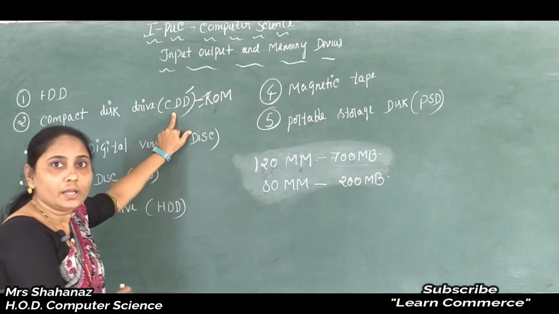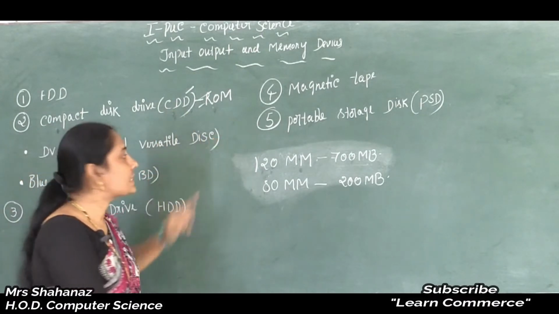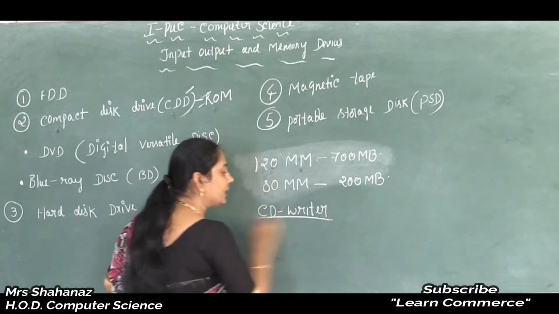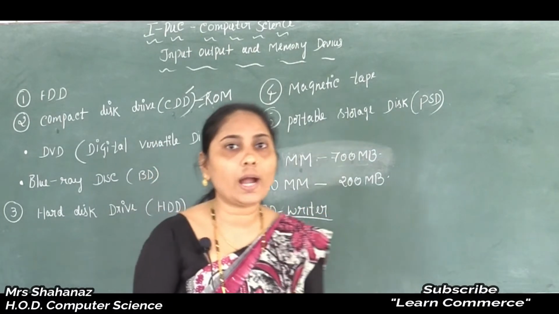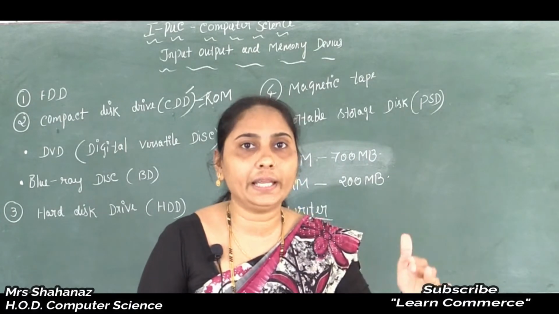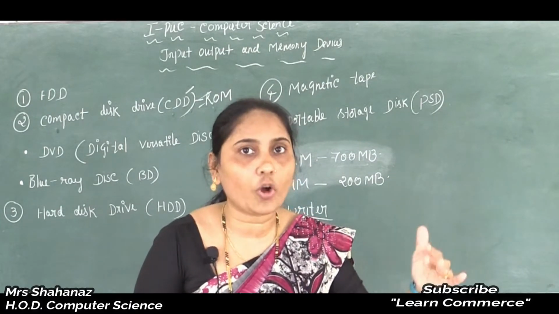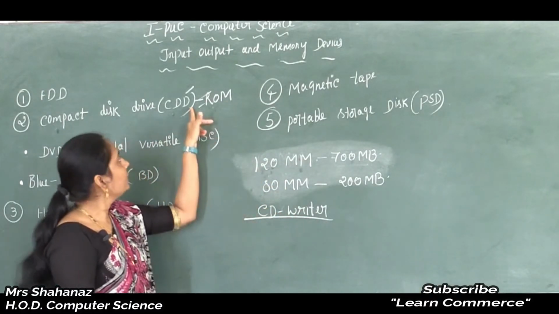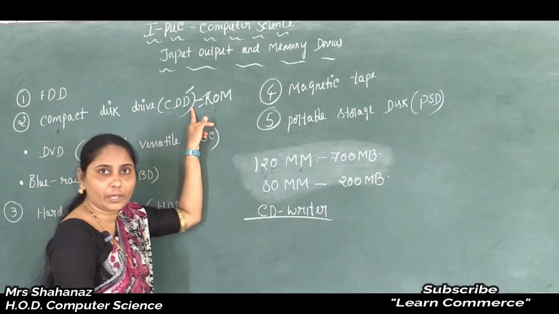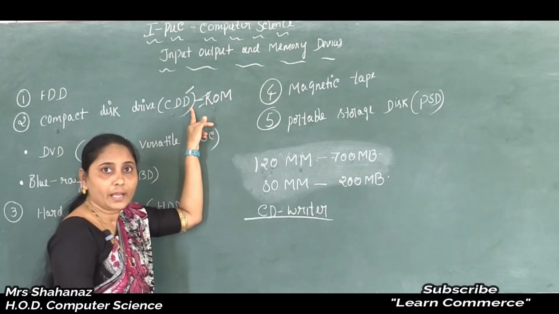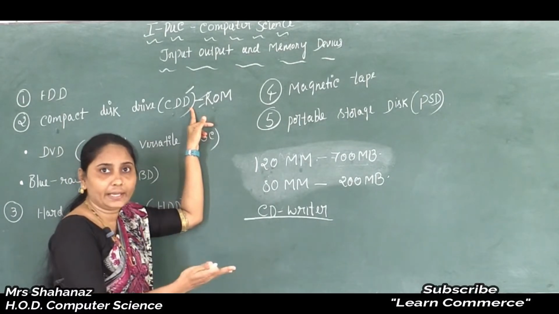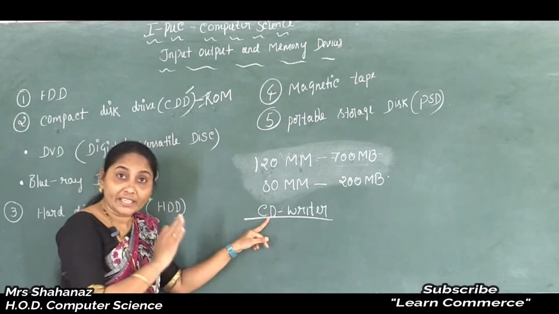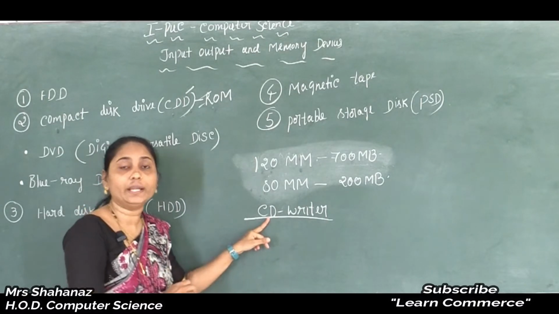But with the help of a CD writer, why are we using the CD writer? The CD writer is used to add information to the CD, to the compact disk drive or to the device. So we can't say it is only read only memory, because before we read any information from the memory, we need to add some information into the device.